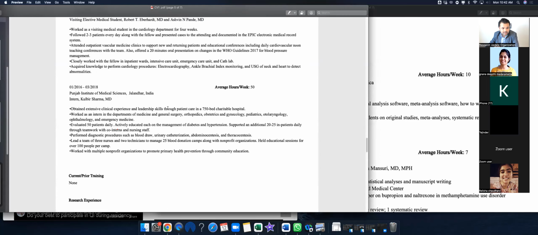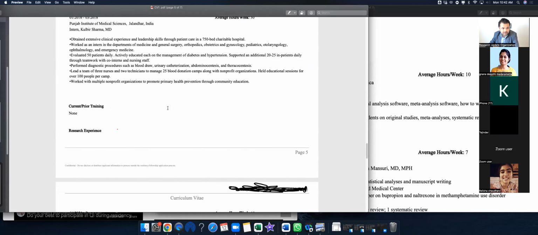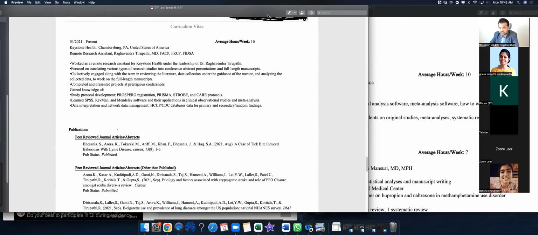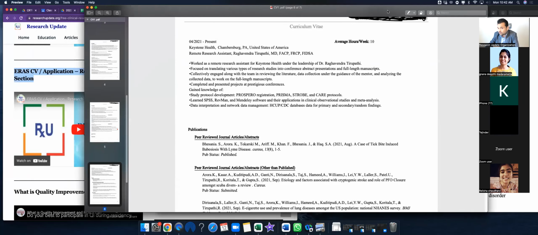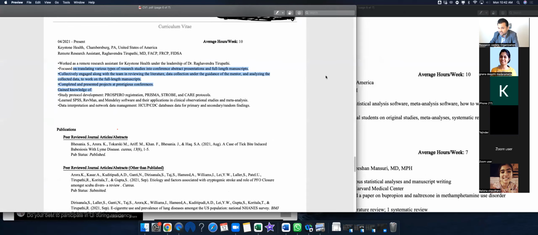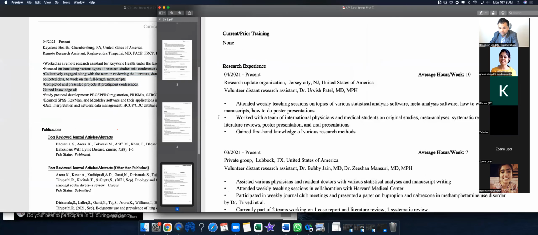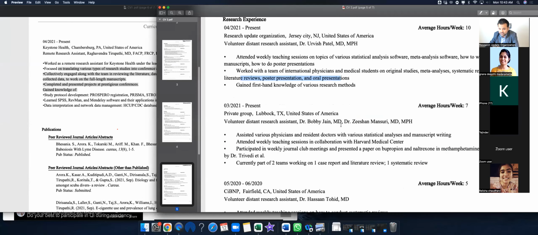So whether you are at Mayo Clinic or anywhere where your publications are not out and you still want to write something in the CV, you can write that you worked remotely with XYZ physician, on 3-4 topics, whatever skills you achieved, followed by the conferences and journals you have targeted, and the oral presentations and poster presentations you prepared and presented. You can write this in your research section.